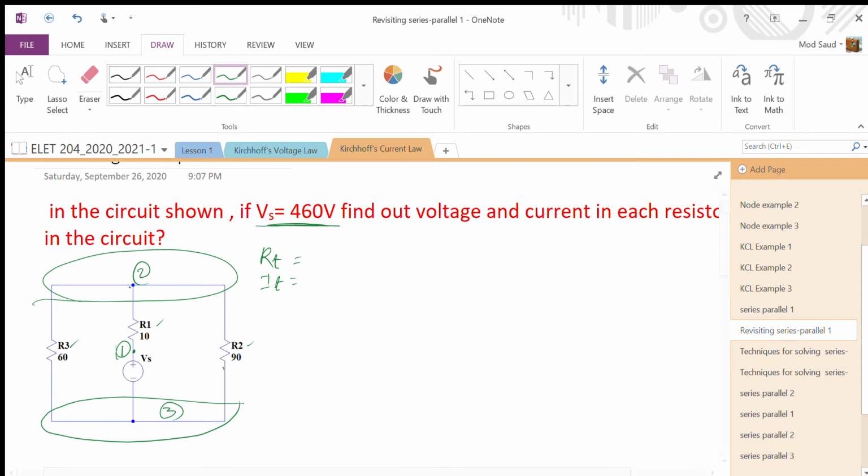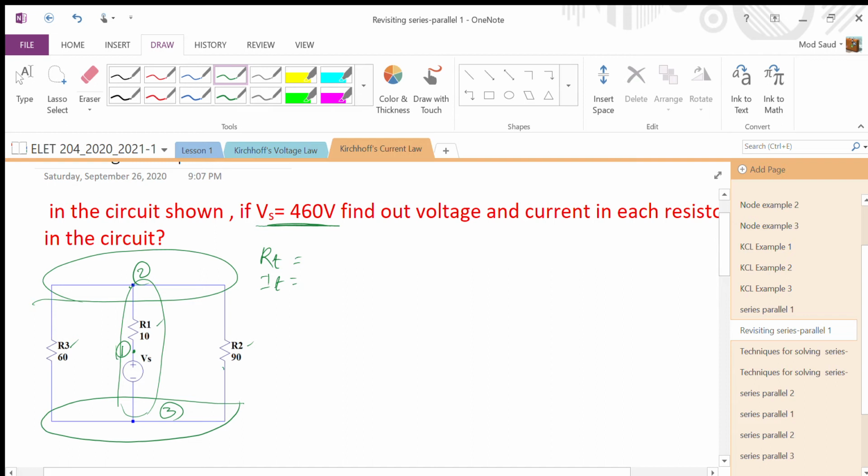As you see, nodes 2 and 3 connect R3 and R2 along with the source with R1.